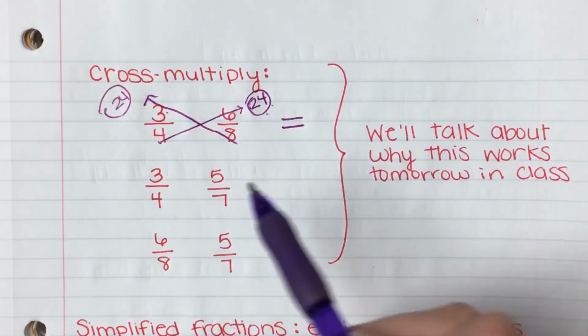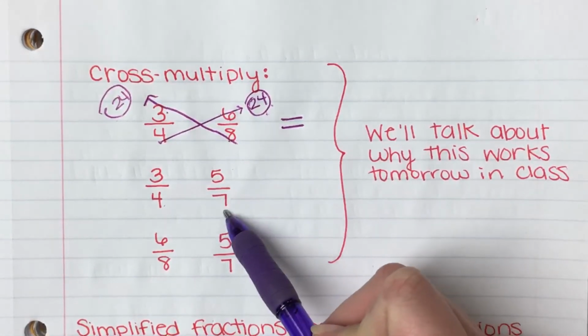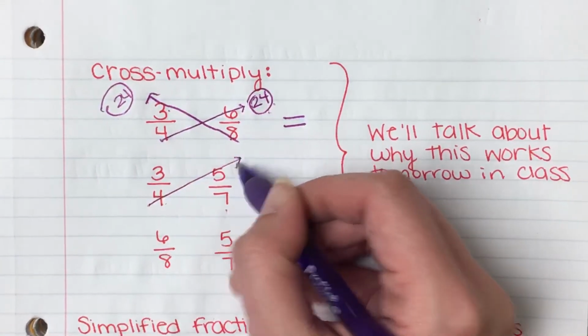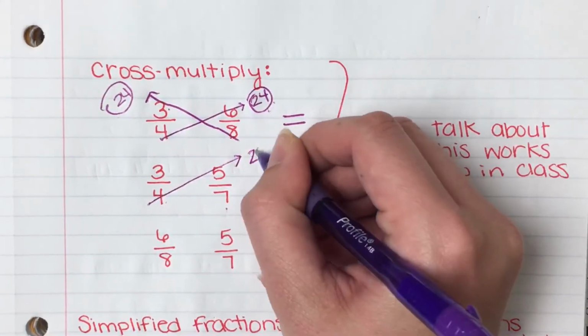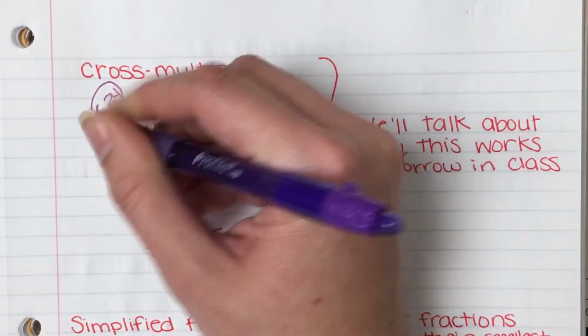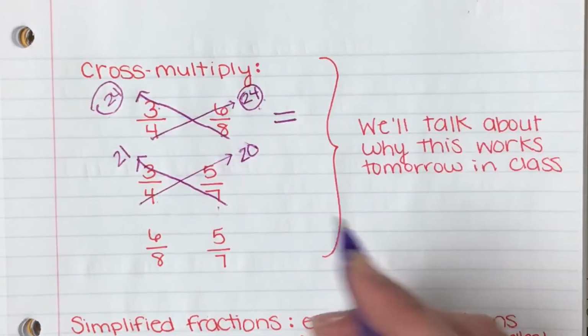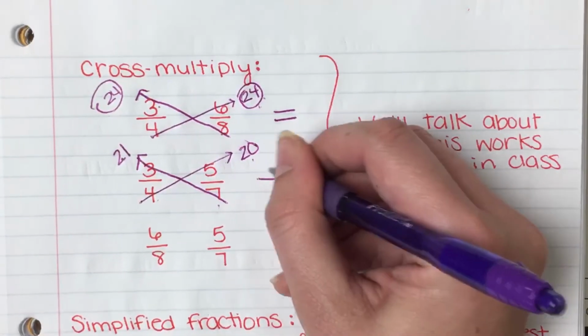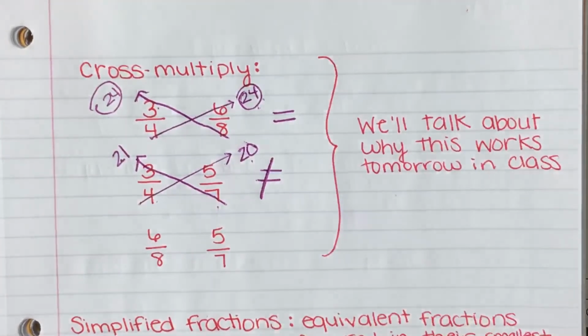Now, if we're going to look at 3/4 to 5/7 to see if these are equivalent, we would say 4 times 5 is 20, and 3 times 7 is 21. 21 and 20 are not the same number, so they are not equivalent to each other.